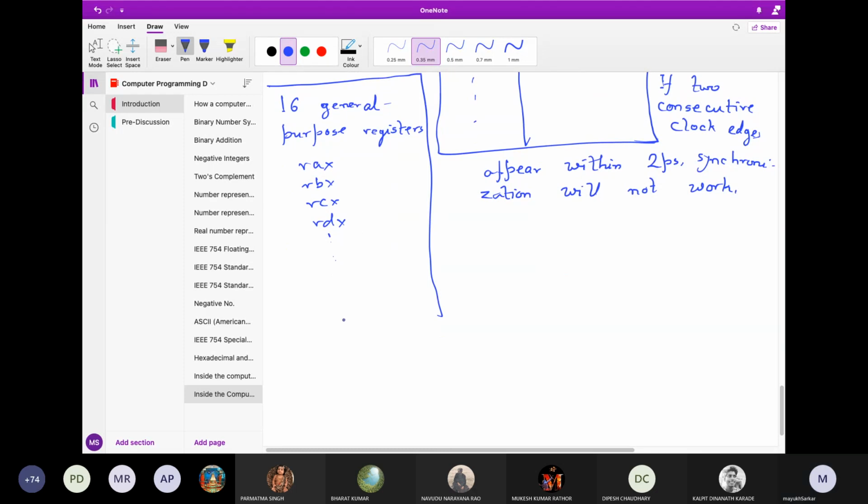They have been named, but other than these 16 general purpose registers, there are hundreds of registers which, as a normal programmer, we cannot access.